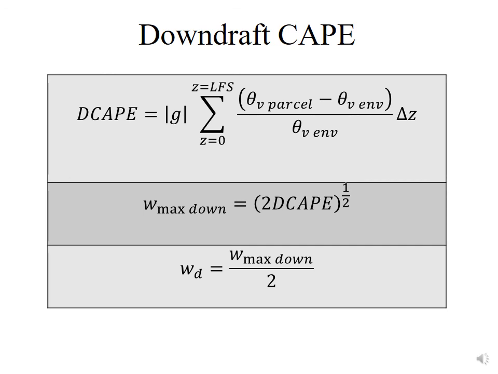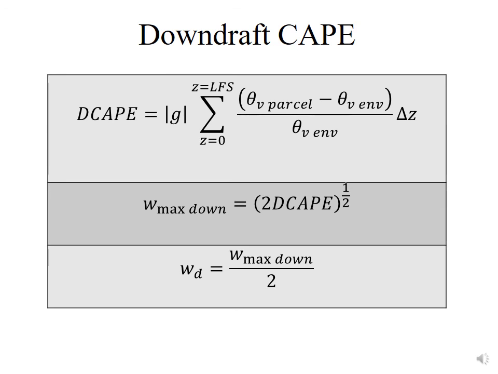It is the level at which the air parcel becomes negatively buoyant for the first time on the way down. Here we have the downdraft CAPE. The DCAPE is gravity times the integral, or the summation, of the air parcel's negative buoyancy times delta Z between the level of free sink and the surface.